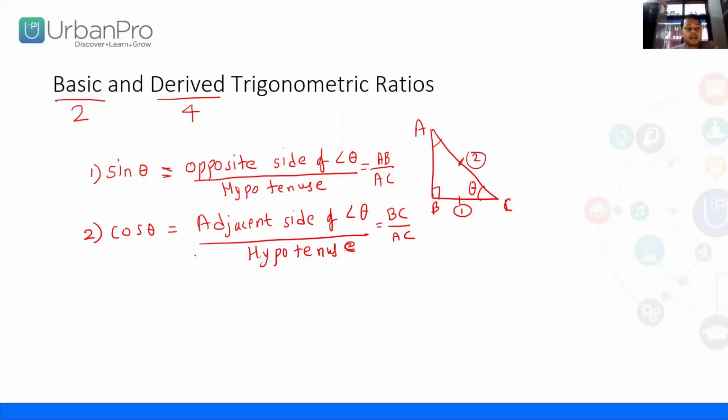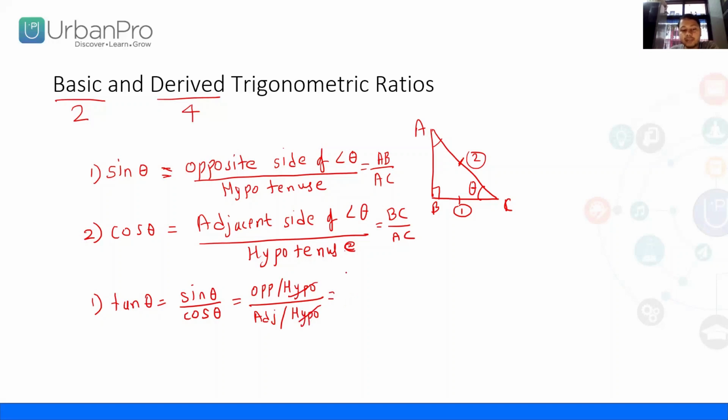Now what are the derived ratios? There are four derived ratios. The first one is tan theta. Tan theta is basically sine theta divided by cos theta. The formula for sine theta is opposite upon hypotenuse, and cos theta is the adjacent side of angle theta divided by hypotenuse.